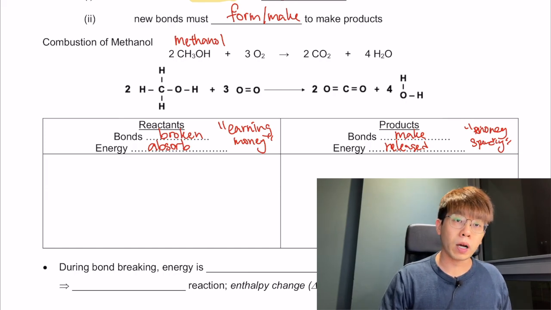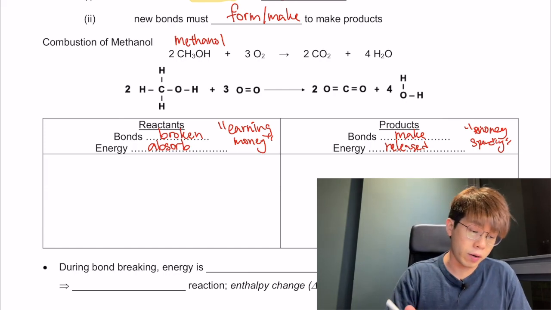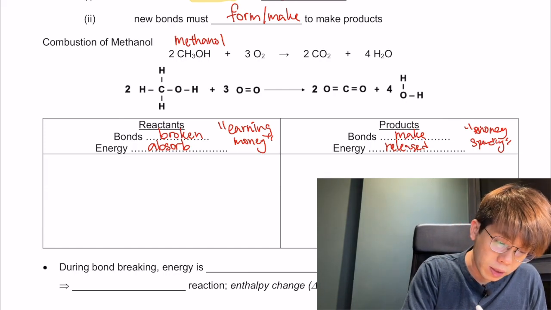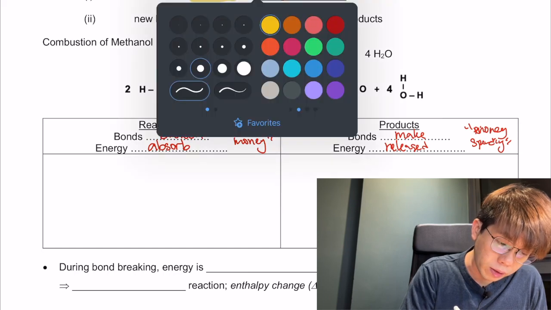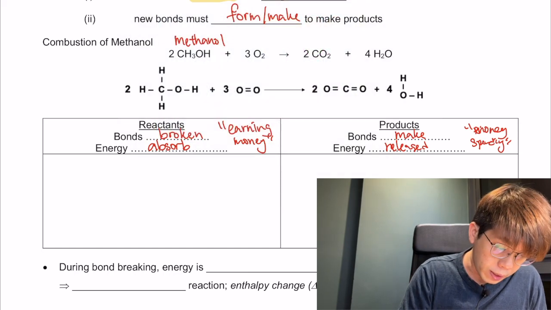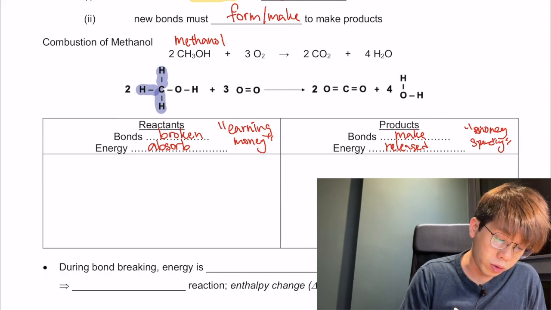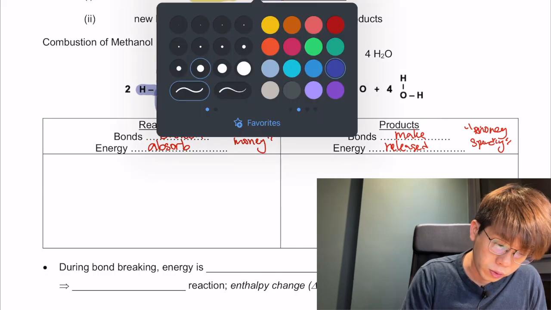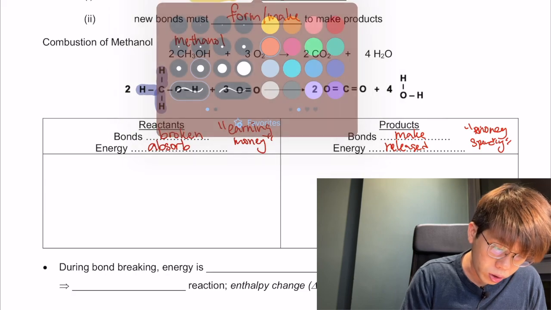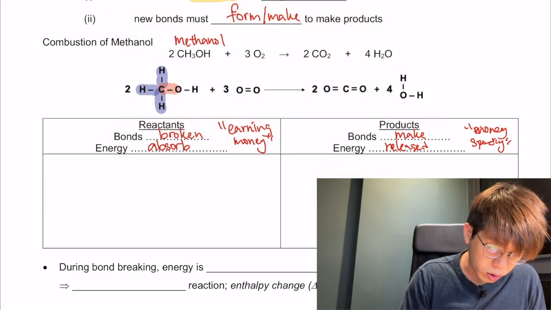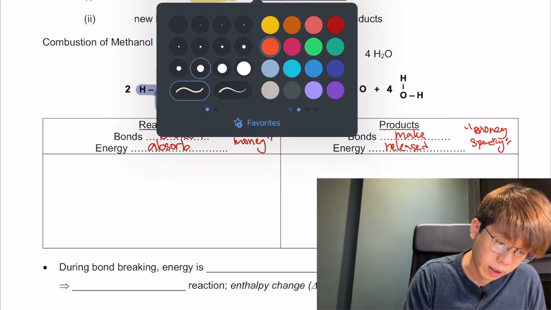So let's look at what types of bonds are present in this scenario. We can see, let me highlight in blue, there is a C-H bond, a C-H bond, a C-H bond, right? There's also, in orange, a C-O bond, that's the only C-O. Let's highlight another color.